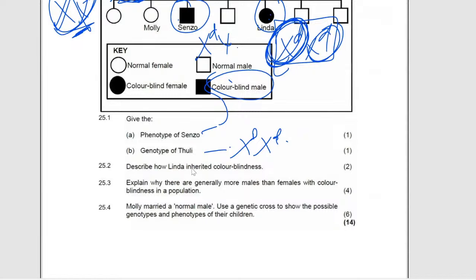Let me check here. Okay, here I see that Mark is good. She inherited two recessive alleles that cause color blindness. One from the father, one from the mother.